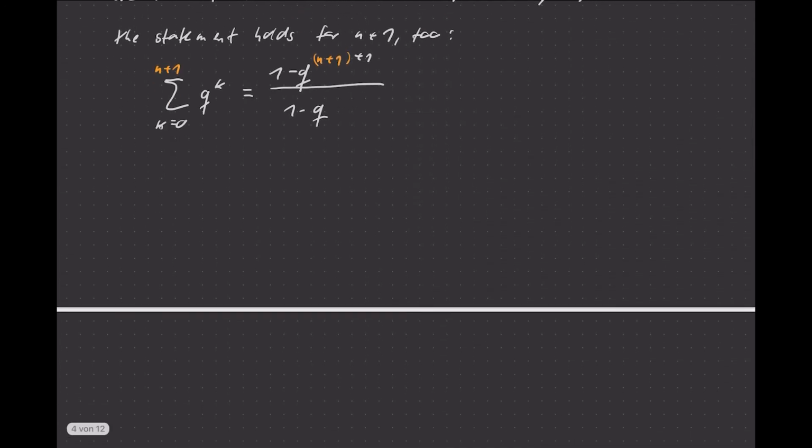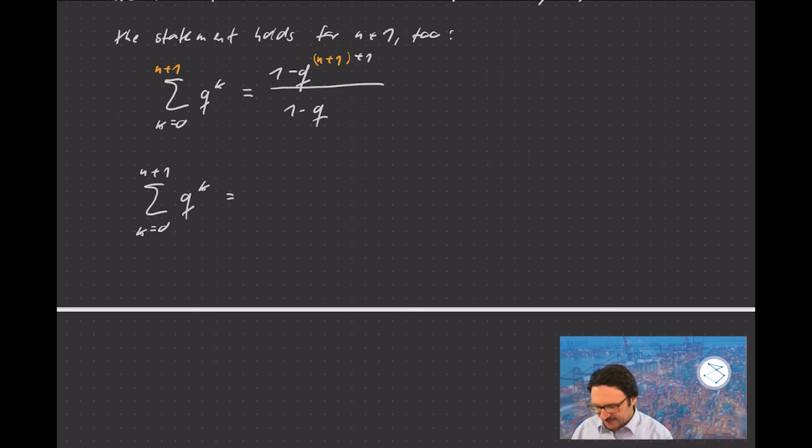With sums, it's almost always the same easy process. We start with that sum from 0 to n plus 1. And this is an easy finite sum, so we can split off any summand we want. In particular, we can split off the last summand.